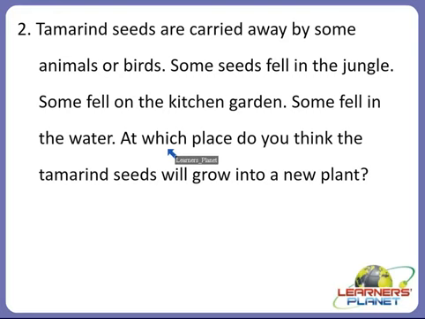So children, at which place do you think the tamarind seeds will grow into a new plant? That is a new tamarind plant. So children, as you know, we discussed the dispersal process, the dispersal of seeds by animals, in which we studied that animals as well as human beings eat some fruits, right? And they throw away the seeds.